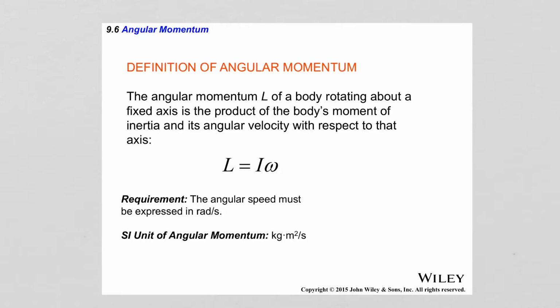So the angular momentum L is the product of the moment of inertia with respect to an axis of rotation and the angular velocity with respect to that axis. Again, the requirement here is that the angular velocity is in radians per second. The units for angular momentum are kilogram meters squared per second.